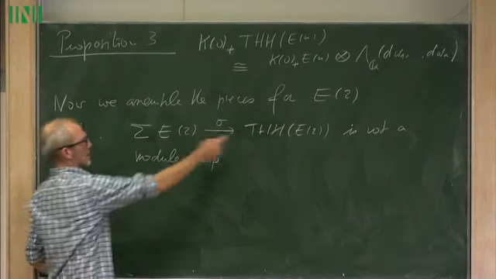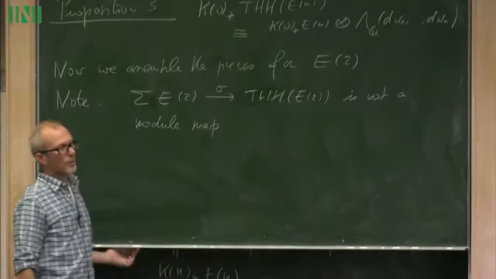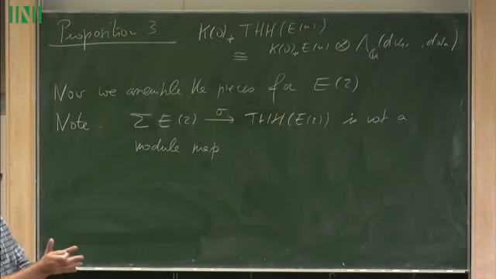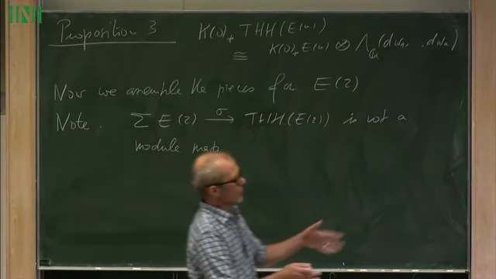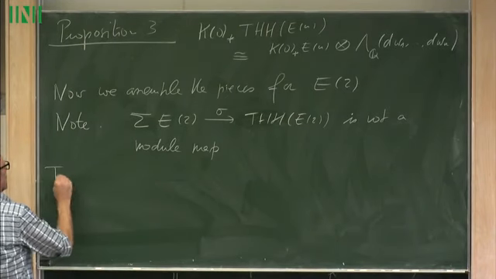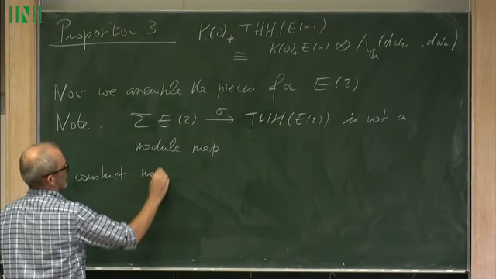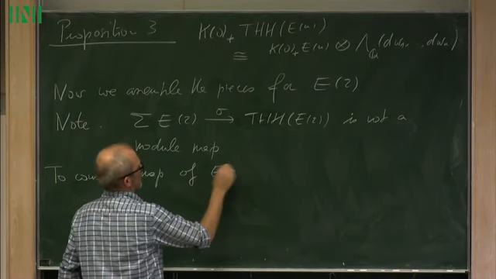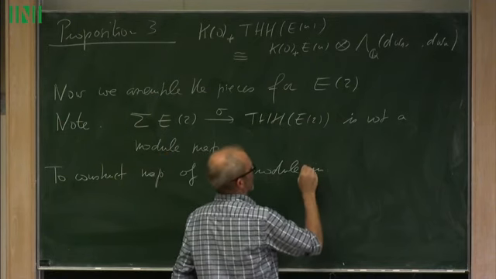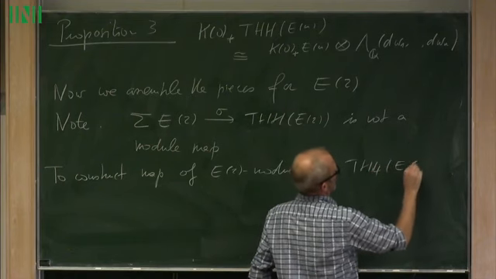You need to take a class, and then you take the module structure, and you take the summand generated by this class on the module structure. But to do this, we need somehow to lift the generators to homotopy classes, from E2 modules into E2 modules into THH of E2.